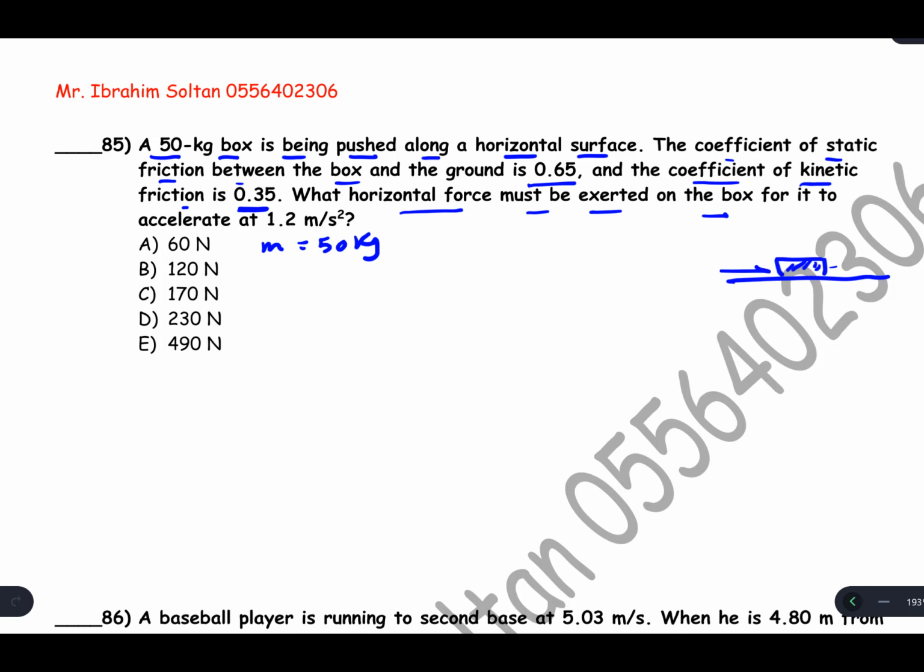There is a horizontal force, okay? Exerted on the box for it to accelerate at 1.2 meters per second square. So the object is accelerating, right? So you need to overcome the friction force. Which type of friction force? Kinetic, right?